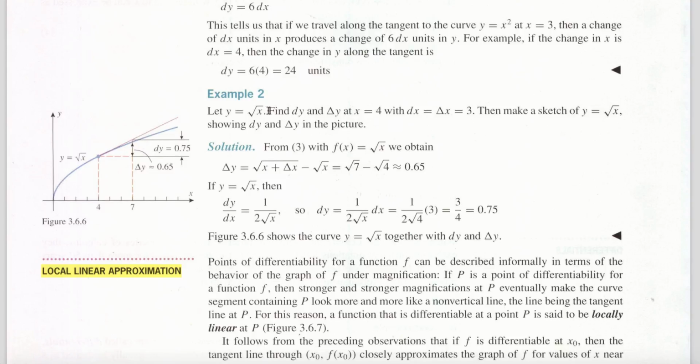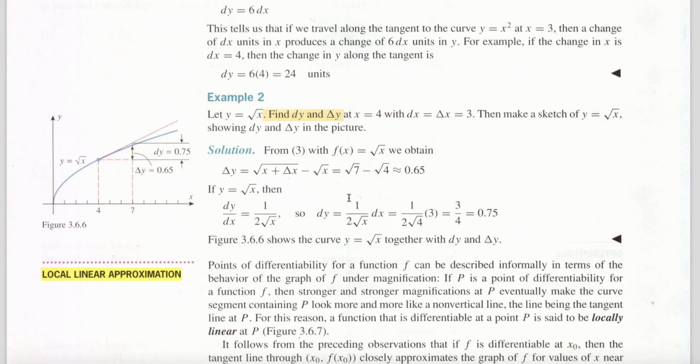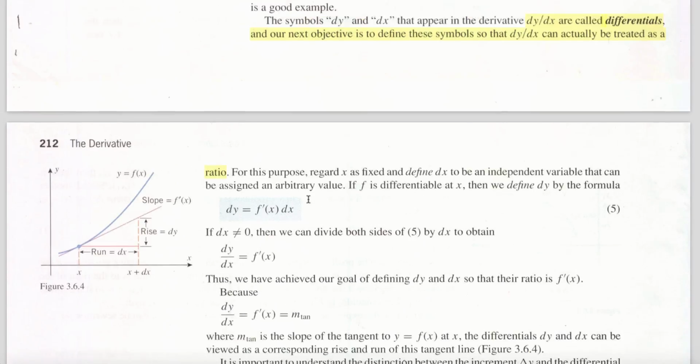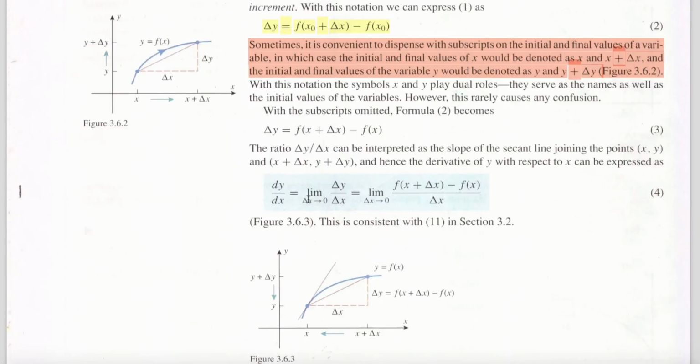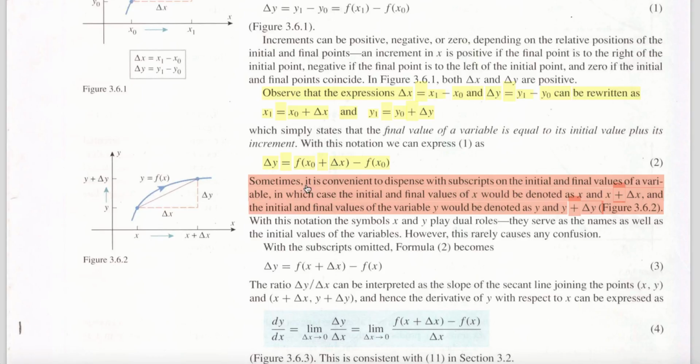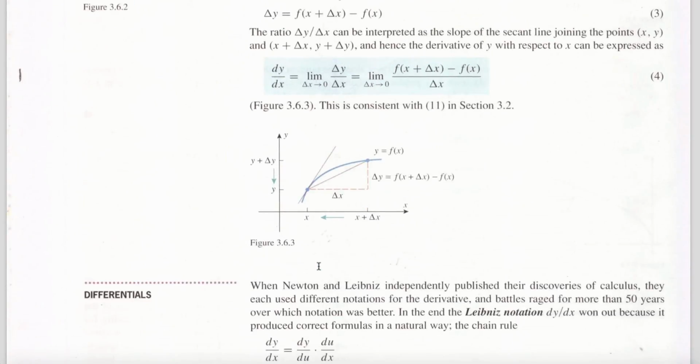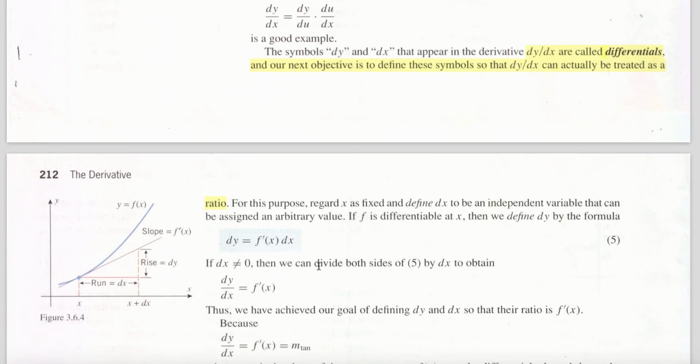Now remember, in order to find differential y and delta y, we're going to have to use the formulas that they gave us. Let's see if I can scroll to those formulas relatively quickly. So here's the formula for delta y. We could also use this corresponding formula here. And the formula for differential y is right here. So make sure you get those 2 formulas written in your journal and you make a distinction between them.